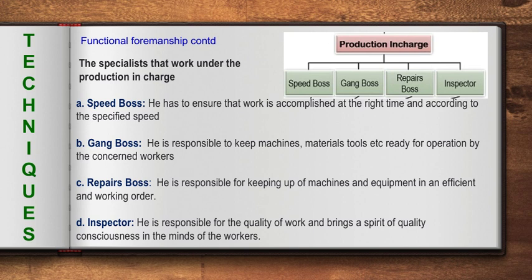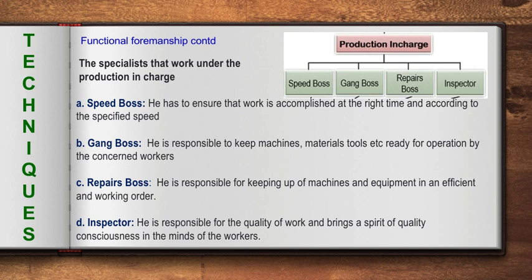The last one is the inspector. The inspector is in charge of verifying that all actions are carried out according to the plan. He also inspects the products to see if they meet the quality standards.